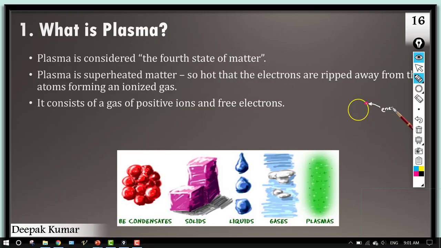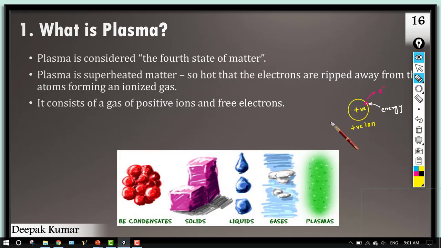If you give this energy, this electron will move from the orbit and come out. Now this atom will be positively charged because an electron has been removed. This positively charged atom is known as a positive ion.